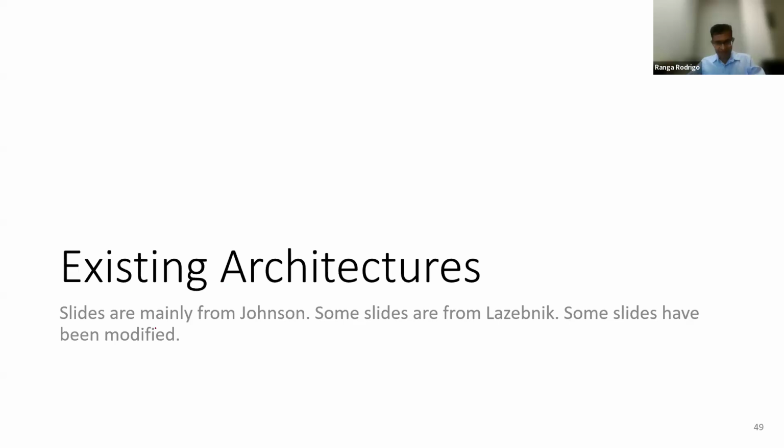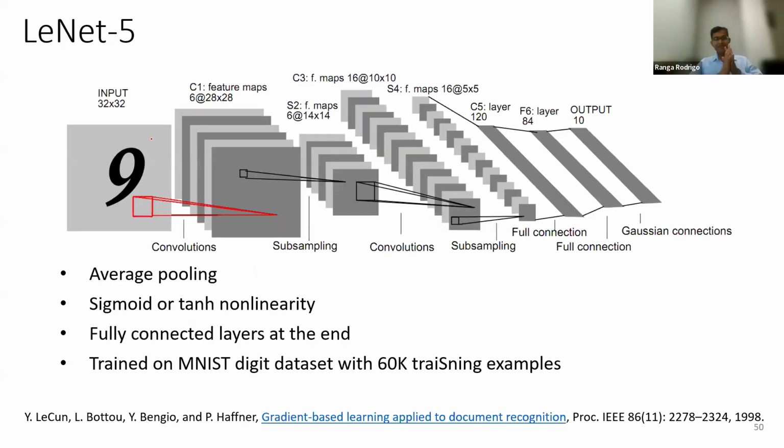Existing architectures. So now let's take this very first architecture called LeNet-5. This is a similar architecture due to Professor Yann LeCun. This is one of the very first convolutional neural architectures that he did for recognizing handwritten characters.